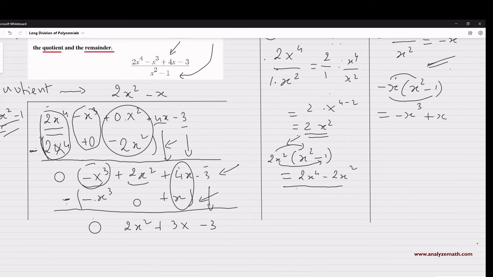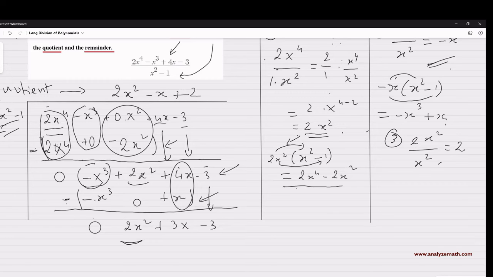Now the next step, step number 3. I take the term with the highest power, 2x^2, and I divide it by the term with the highest power in the divisor, x^2. This will give me 2. What do I do with the 2? I put it in the quotient, plus 2.